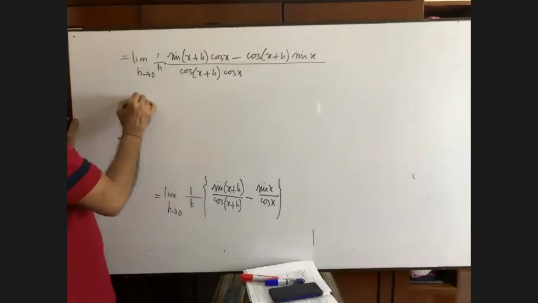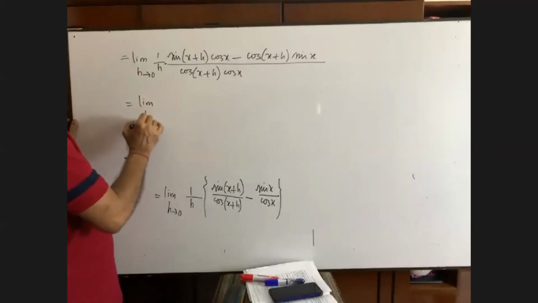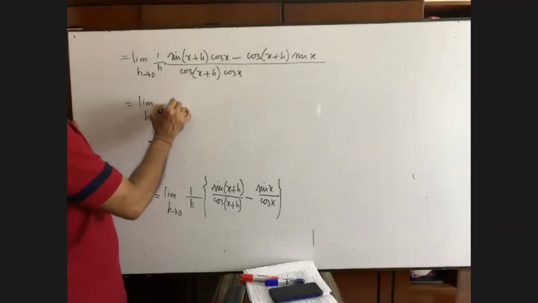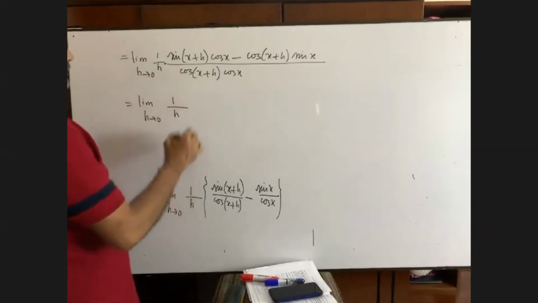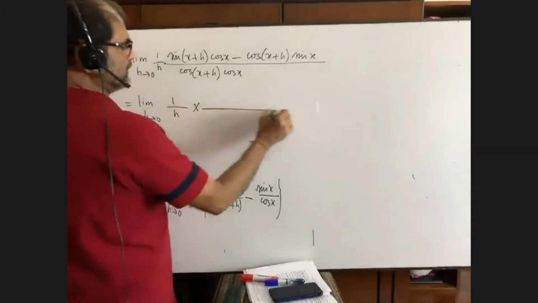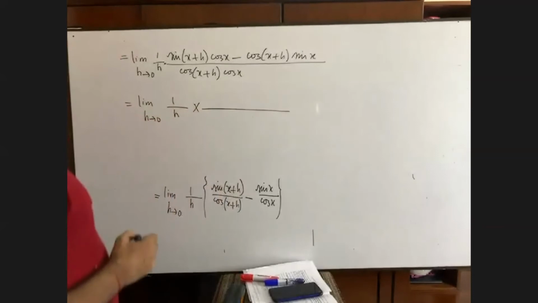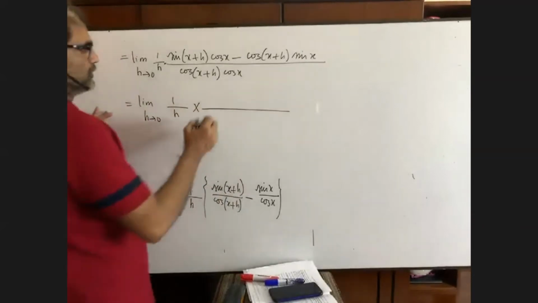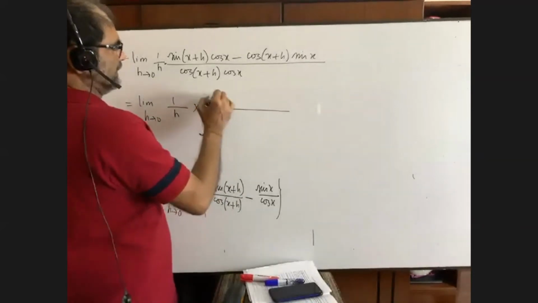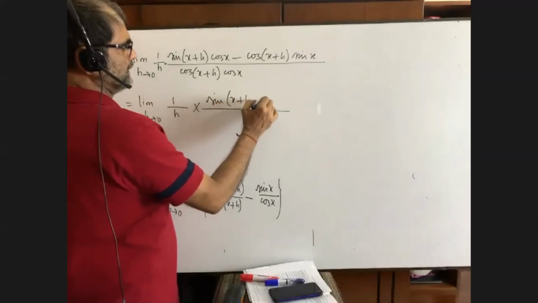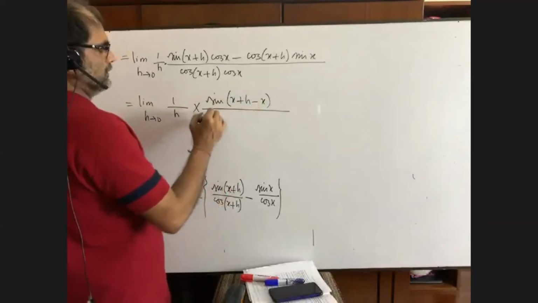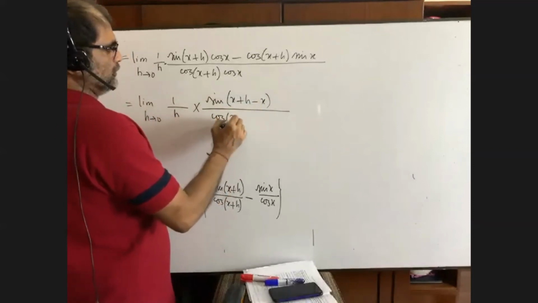Okay. Limit h tends to be 0. You write down 1/h at first. Now, what the formula in the numerator? Sin a cos b minus cos a sin b equals to what? Sin of a minus b.